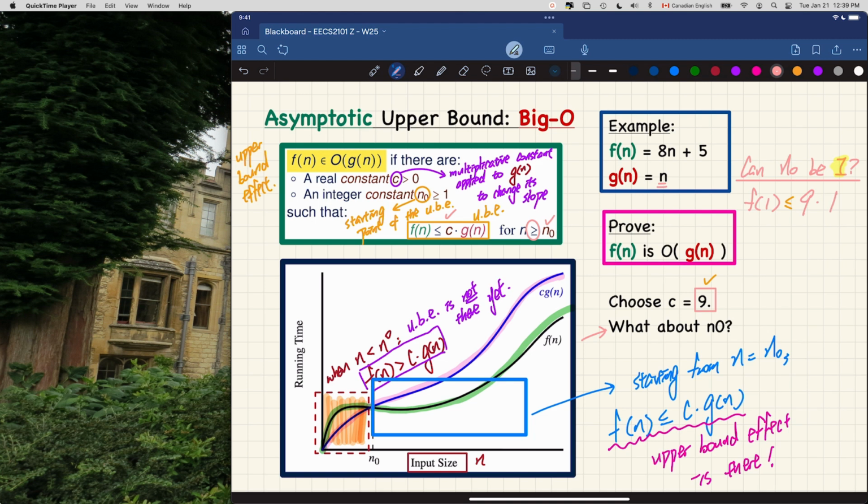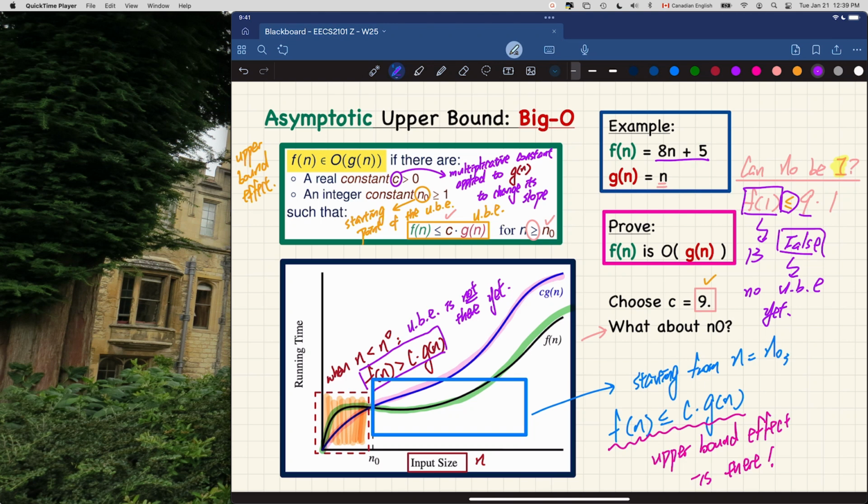Sorry, you got to apply the number. What's f of 1? 13. 13 less than or equal to 9? Not the case. False. So we don't have upper bound effect just yet. That's something you kind of ask yourself to begin with. So no upper bound effects yet.